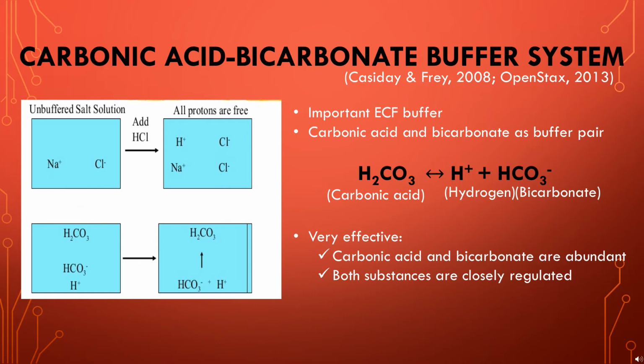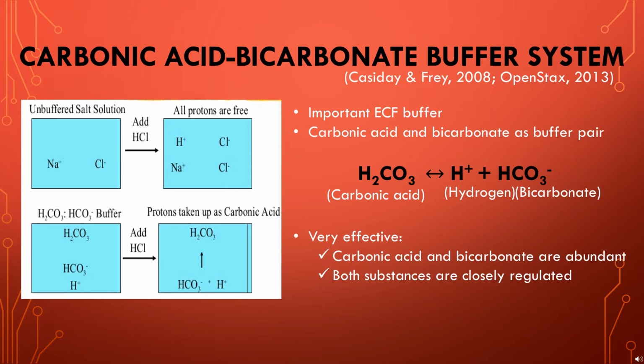However, if the solution contains the carbonic acid bicarbonate buffer pair, an addition of hydrochloric acid can immediately prompt bicarbonate to bind to the free hydrogen to form carbonic acid. This weak acid slightly dissociates, causing a change in pH, which is much smaller compared to the pH change that would occur if the buffer system was not present.